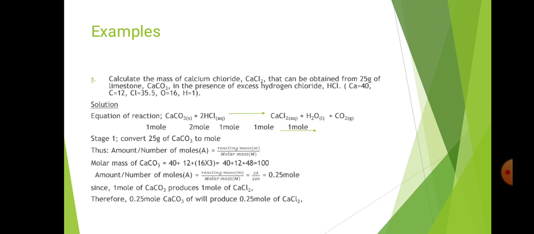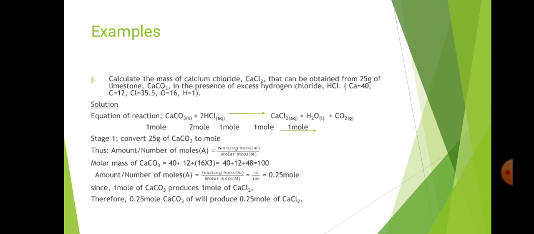Now, the first stage in the calculation is to convert the 25 grams of calcium carbonate to mole. And what is mole? Mole is mass over molar mass. That means you take 25 grams of calcium carbonate over the molar mass of calcium carbonate, which is 100. That gives us 0.25 moles of calcium carbonate.